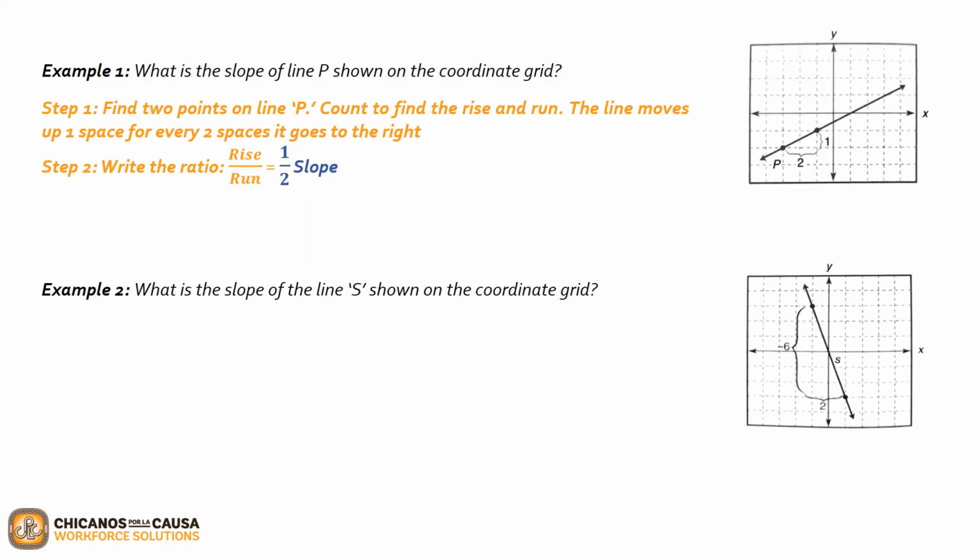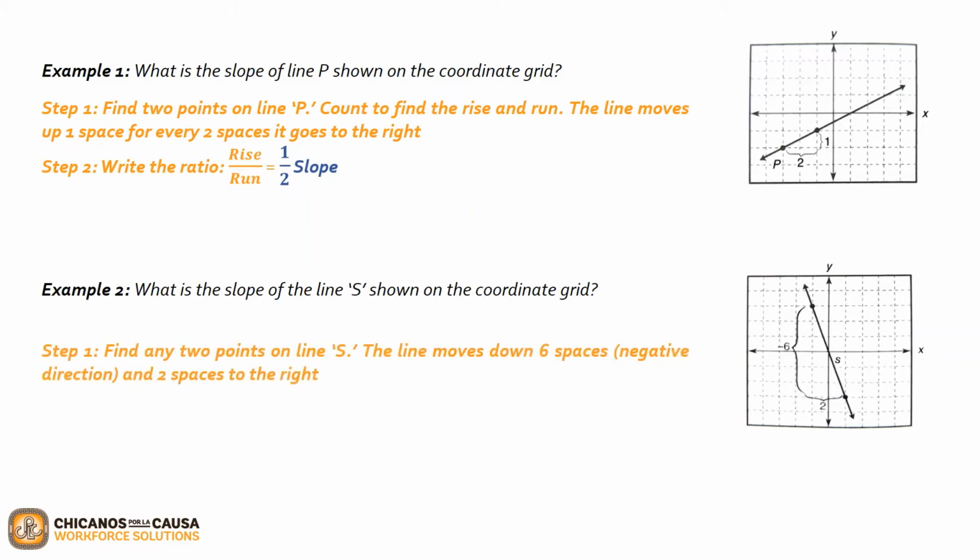What is the slope of the line S shown on the coordinate grid? This one is a little bit different because the points are very separated, but it'll still be the exact same thing. So step 1, find any 2 points on line S. And as you can see, like before, we've already been given 2 points. The line moves down 6 spaces in a negative direction and then 2 spaces to the right.